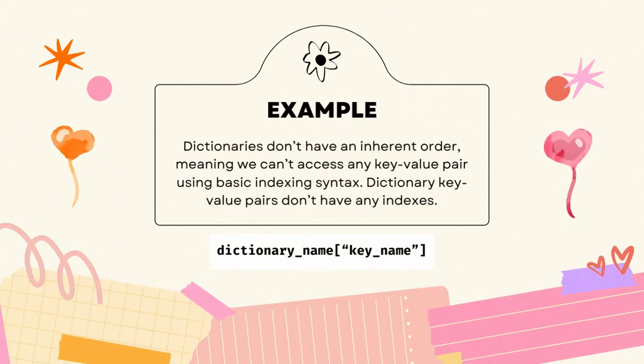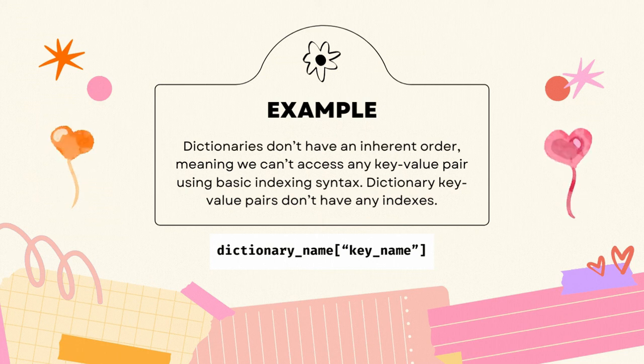But this is fine with dictionaries because dictionaries don't have an inherent order, meaning we can't access any key value pair using the basic indexing syntax we went over last time. Dictionary key value pairs don't actually have any indexes.